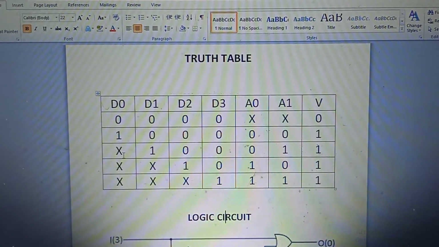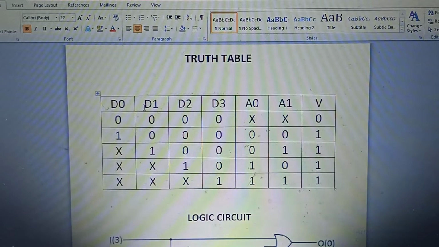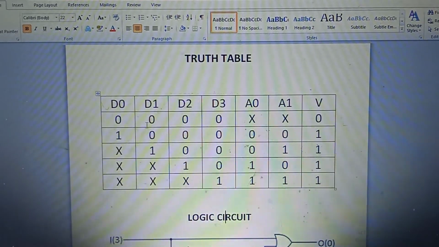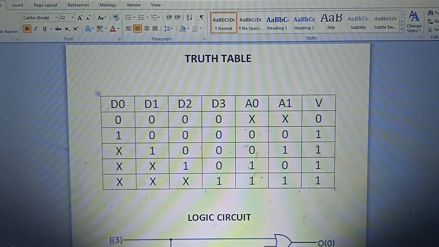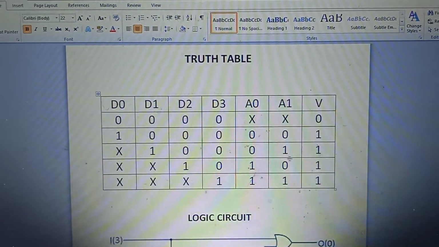Then here we put D0 as X because D1 takes higher priority than D0, so D1 will take the high priority. Then our output A0 is 0, then A1 is 1, then B is 1.